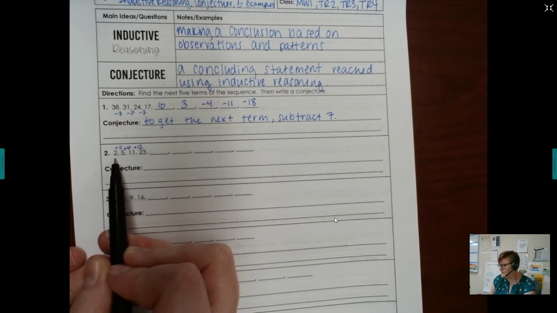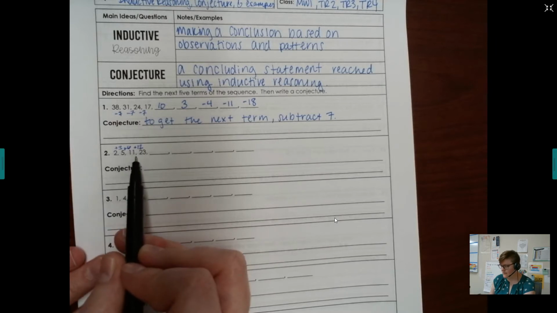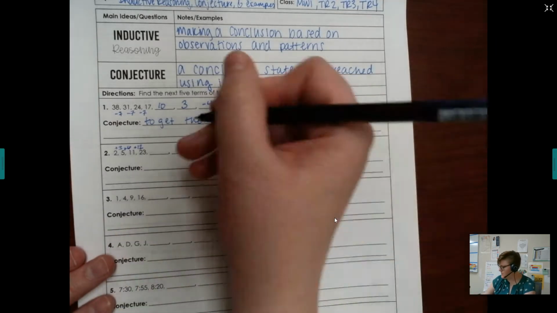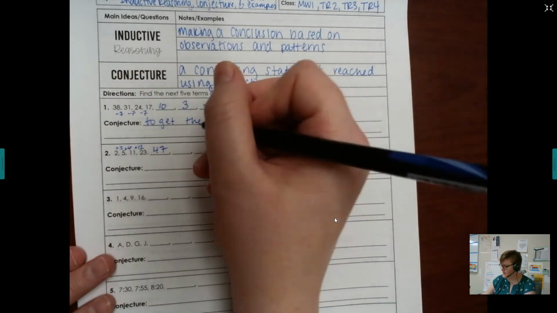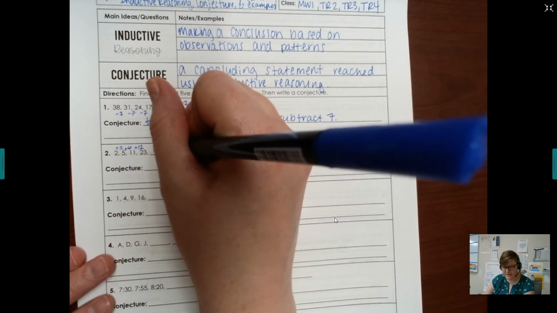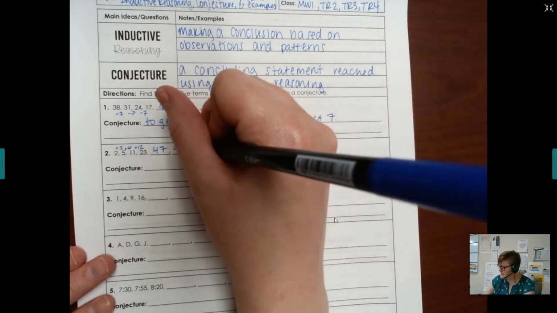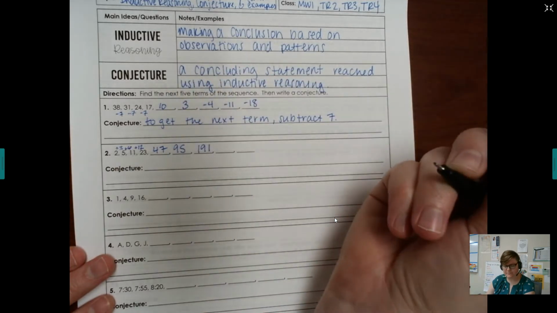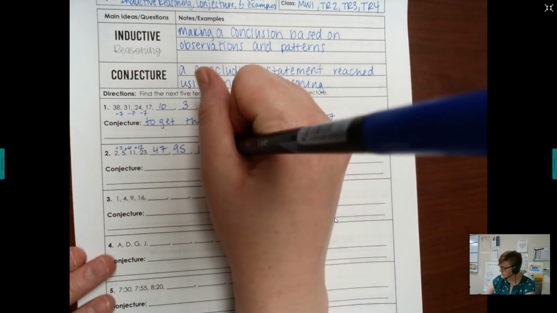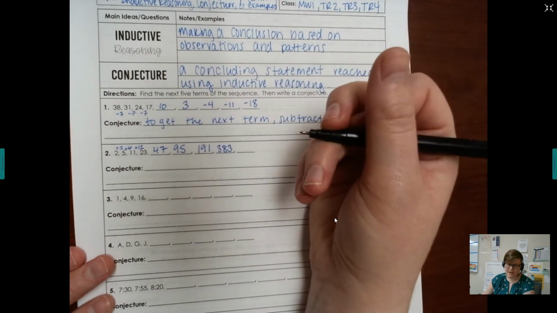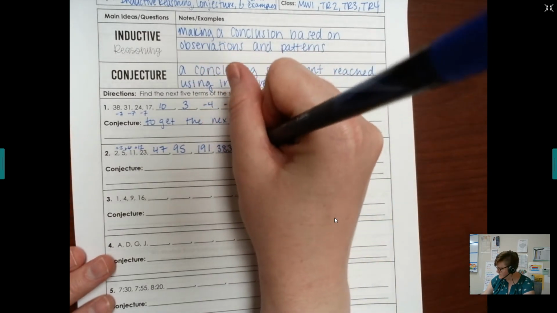So after 23, our next one would have to be 47 because we'd add 24. And then we'd add 48 to that to get 95. Add 96 to that for 191. Add 192, you get 383. And you'd add 384 to that to get 767.